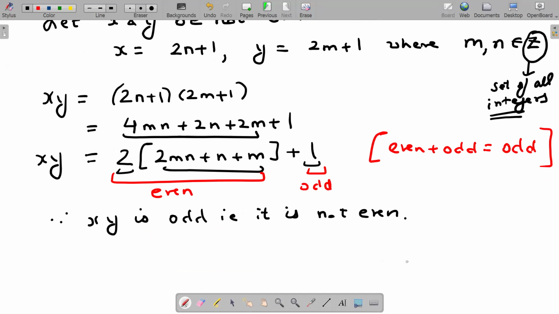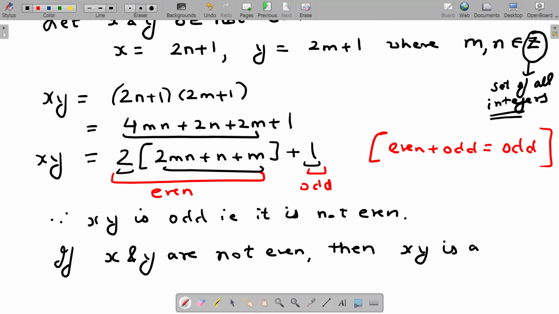So what have I shown? We have shown that if X and Y are not even, then XY is also not even.